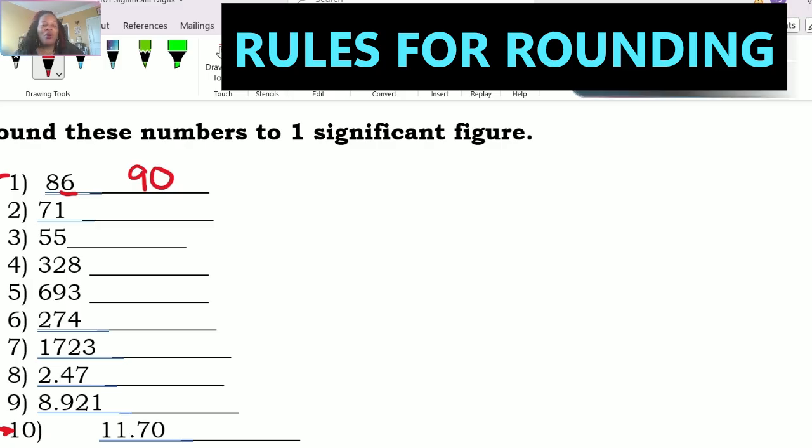Speaking of which, what's the answer then for number 2? All right, Ash put 70. You are correct. 70 is correct. Okay, number 3. 60, yep, 60 is also correct. Number 4.